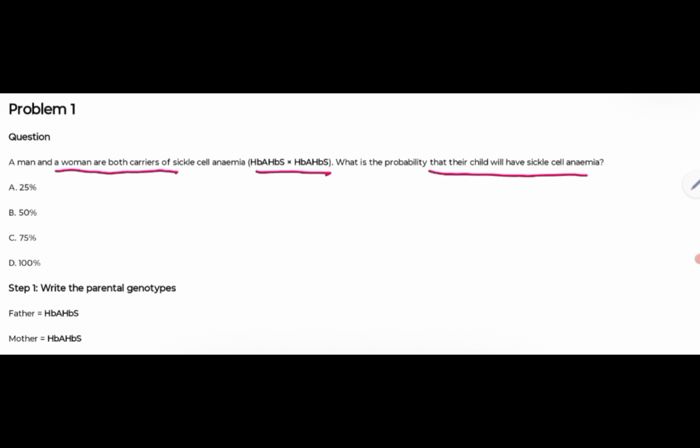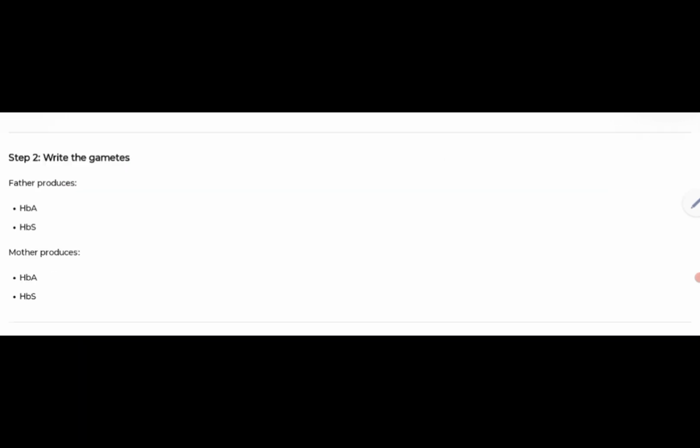Since both are carriers, the parental genotype will be heterozygous, HBA-HBS. So both produce two types of alleles. Father produces HBA and HBS, and the mother also produces HBA and HBS. Why? Because both are carriers.